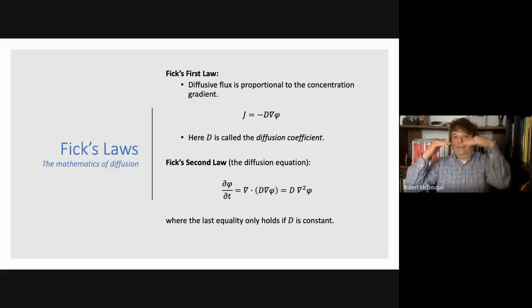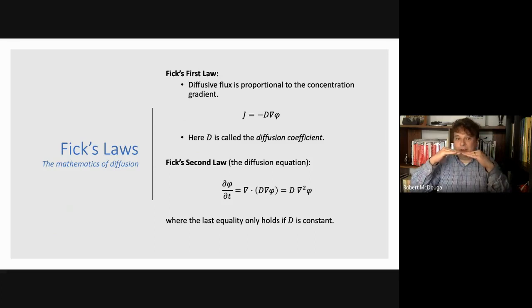Fick's law says, roughly, if I have the same amount of concentration over here as I do over here, well, on net, I'm going to have as much stuff moving from one side to the other as I do going the other way, right? So if there's no gradient, if there's no difference, then I don't get any net diffusion. But the bigger the difference is, the more of a net diffusion I'm going to get.